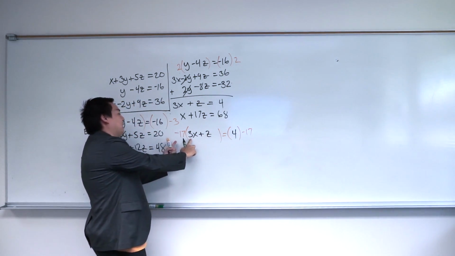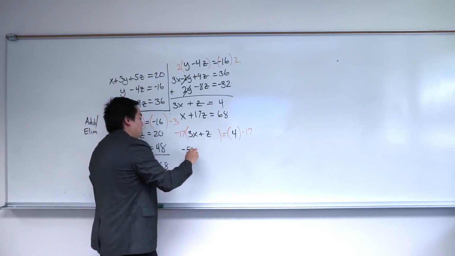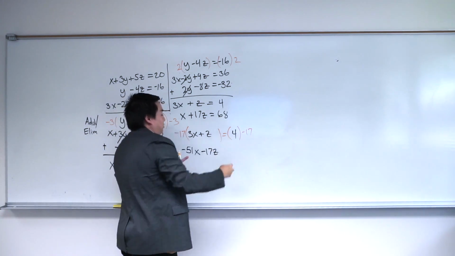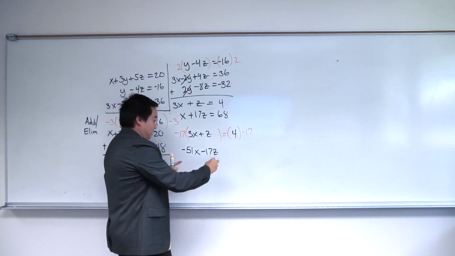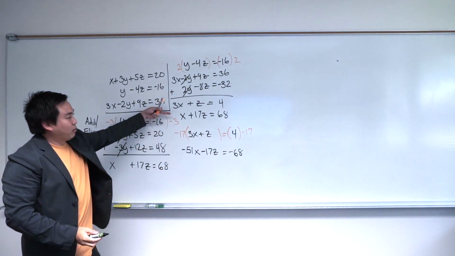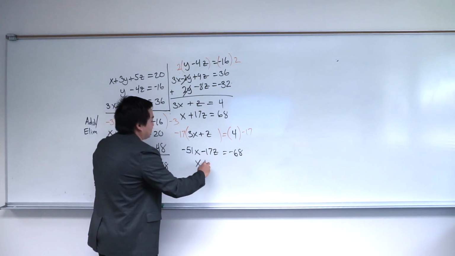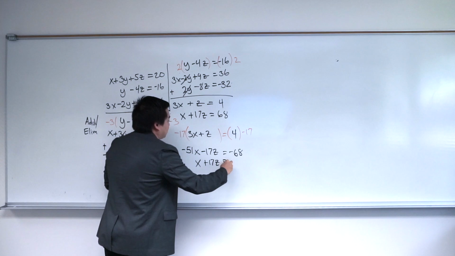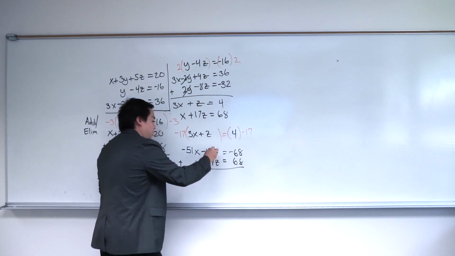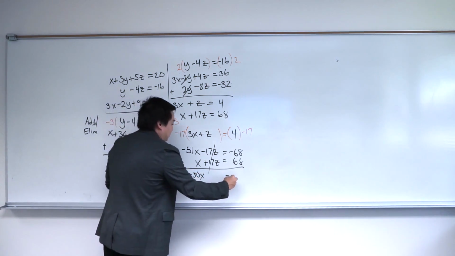So 3 times negative 17 is negative 51. The negative 17z stays. And this one becomes negative 68. And then I will copy the equation underneath. So x plus 17z is equal to 68. Add straight down. These cancel. Minus 50x is equal to 0.